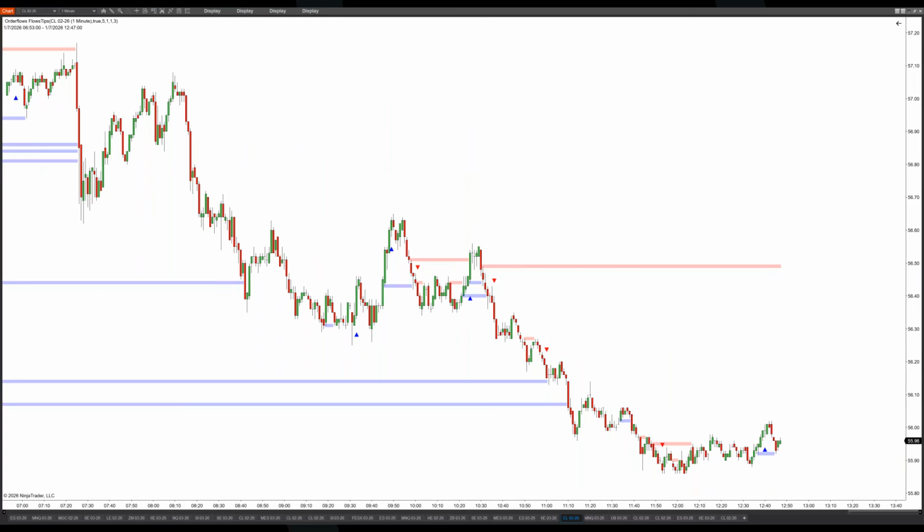These indicators are all based on different aspects of order flow, right? You guys know I have this thing called the toolbox, which is a tool that allows traders to piece together their own order flow indicator by using different aspects of order flow.